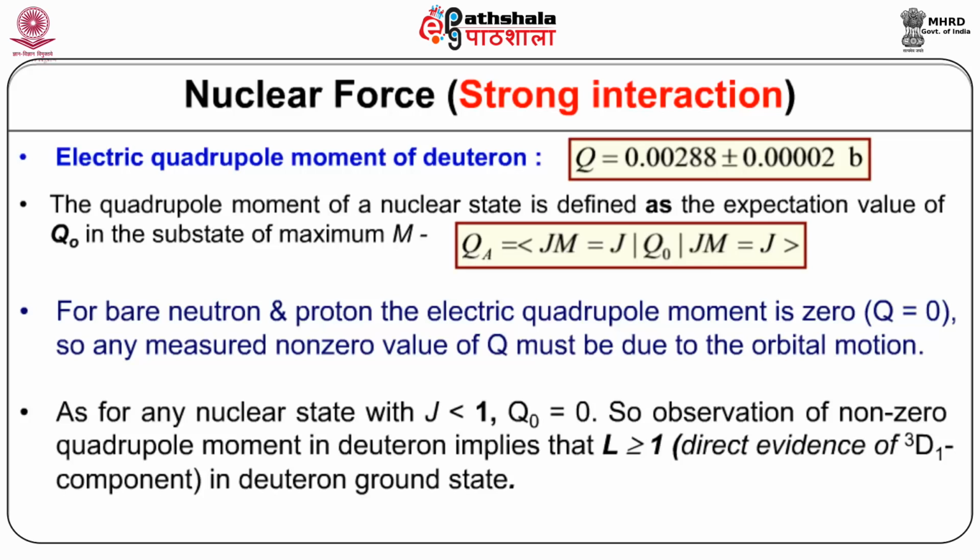So in order for deuteron to have a quadrupole moment, the L value has to be greater than or equal to 1. It indicates the possibility of L equal to 2 in the ground state, a direct evidence of the L equal to 2 component.